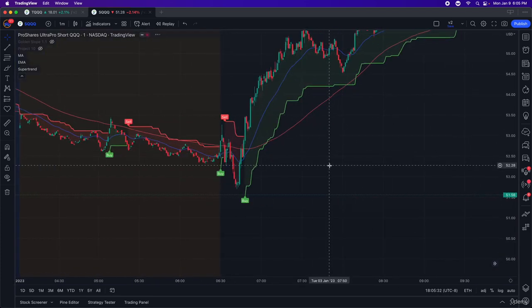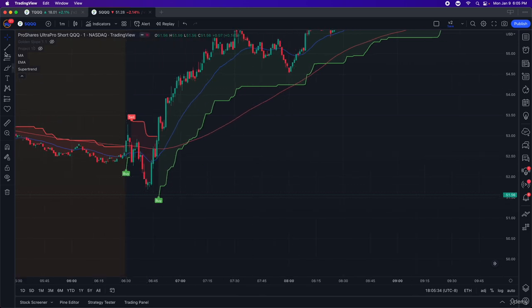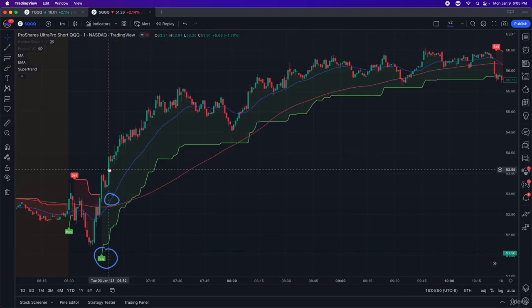So see, what's happening is that we got a buy signal, right? And then right here in this moment, our EMA line pushes right above the MA line. And this is where we can enter a position. Just like that, and boom, you can just ride it all the way up.